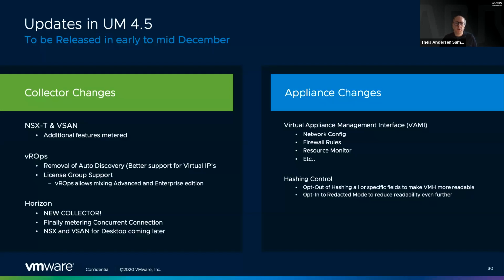But now it's possible to opt out of that, so you can get the names of the VMs and stuff like that into the usage insight portal if you don't have these kinds of requirements. Also, you can opt into redacted mode to obscure things even more.